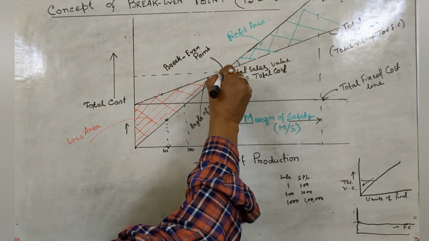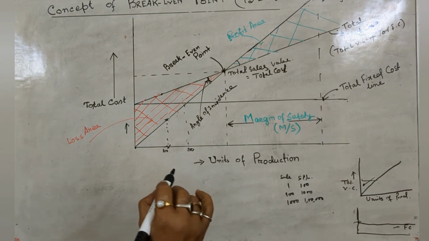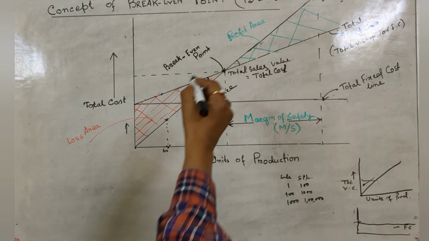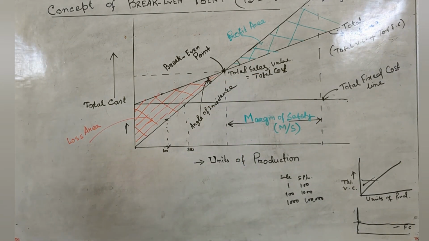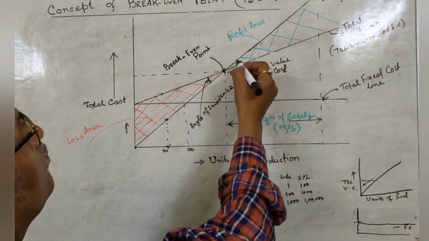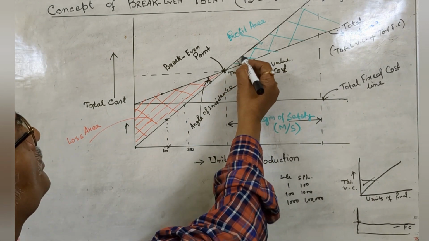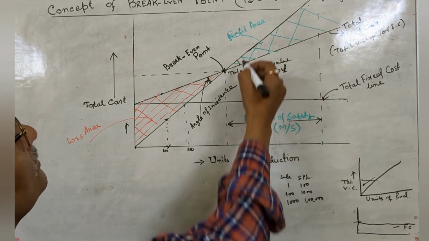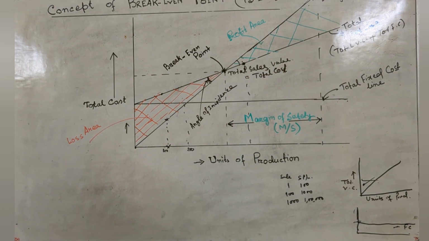And at this point, total sales value is equal to the total cost. That means there is no loss, no profit. But if you move above this point, after this point, you can check that the sales line is always higher than the total cost line.